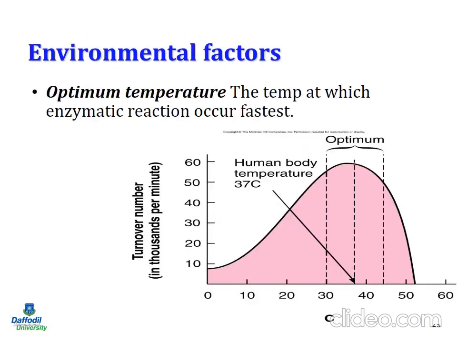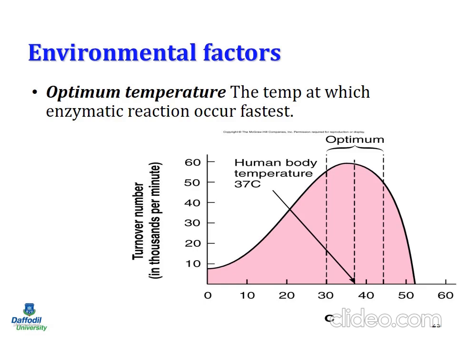Now in case of temperature, you can see that there is some optimum temperature. If you look at this figure, there is some optimum. That means within a certain temperature range the enzyme can enhance its activity, because at 37 degrees or so in our body, it has the optimum activity.